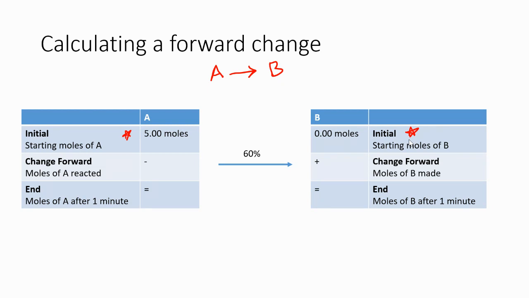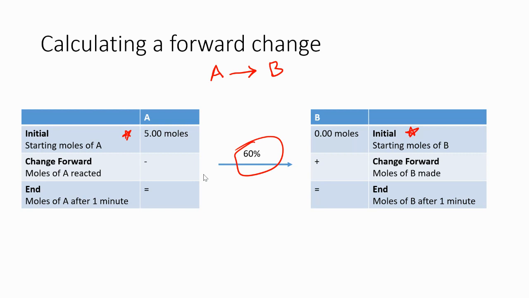What percentage of molecules actually react over a period of time? In this particular equation, we're going to suggest, what if 60% of A molecules turned into B molecules on a per minute basis? What would it look like at the end of that particular process?